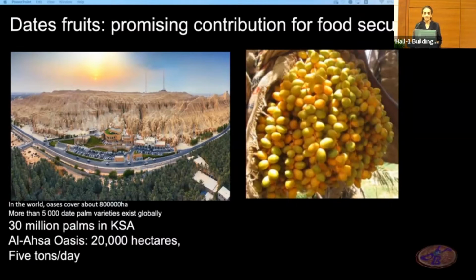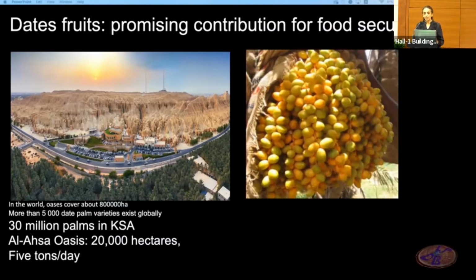There is a large variety, especially in the kingdom. I think it's the first producer among the Middle East countries. It has great resources. If you go to the Al-Hasa region, it's in the Guinness encyclopedia, and they have at least 30 million palms in the kingdom. 20,000 hectares are cultivated with palms, and they produce at least 5 tons per day.